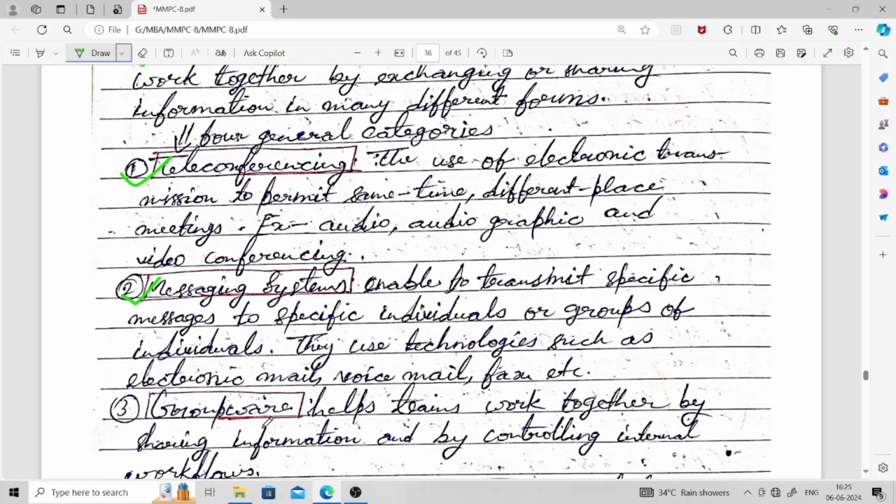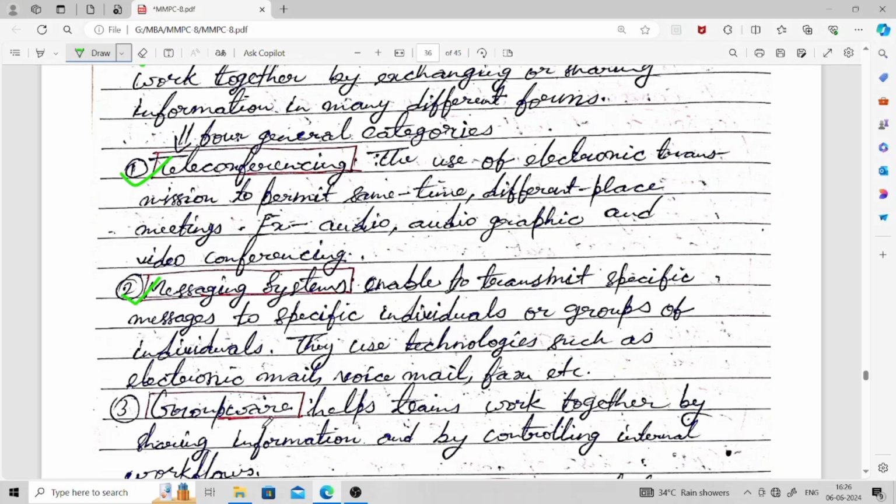They use technologies such as electronic mail, voicemail, fax, etc. With electronic mail, we can share a message with a large number of people at the same time, or we can send the mail to one particular person or only a group of people. Those kinds of possibilities are there in a messaging system.